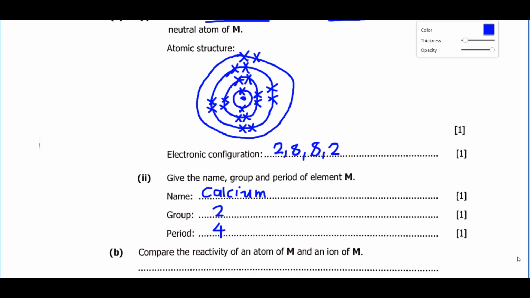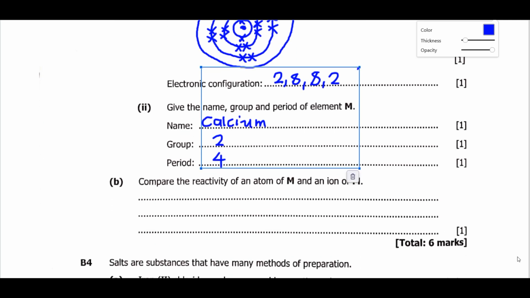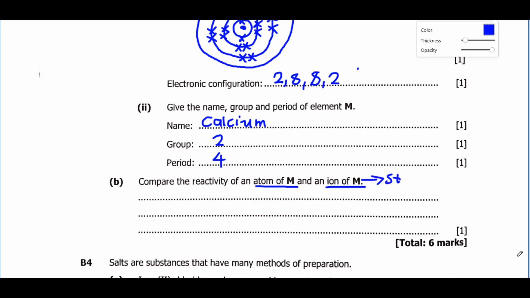Then we move on to question B. Compare the reactivity of an atom of M and an ion of M. An atom is before the giving is done, and an ion is when the element is now stable. You know that an ion is stable, so it can't react because it's stable.